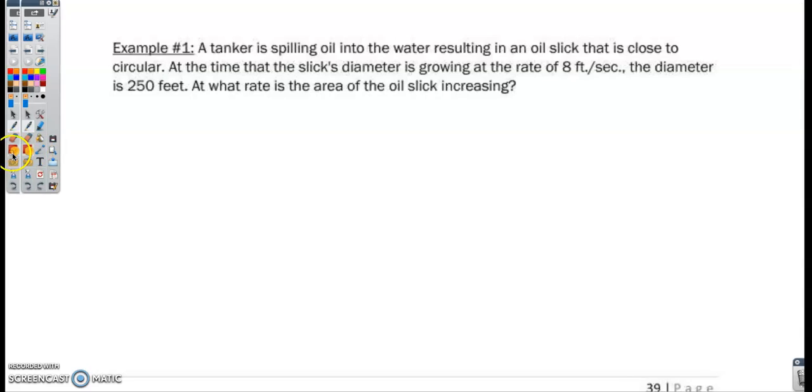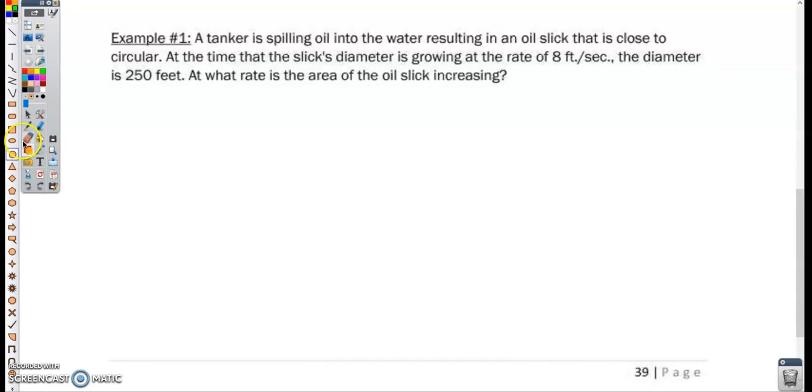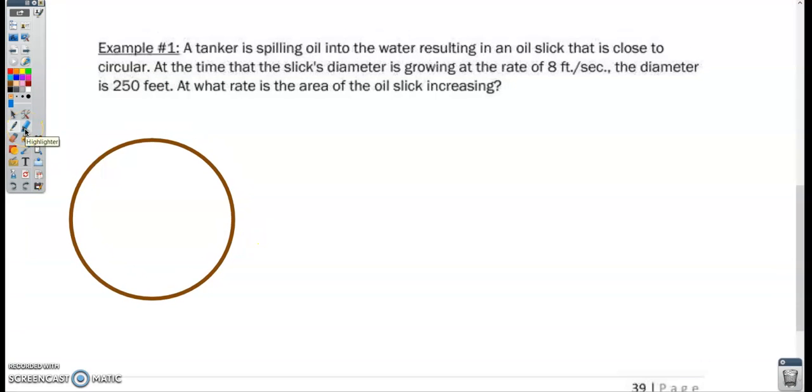So from a picture standpoint here, we've got a circular-shaped oil slick. So I'm just going to draw a circular-shaped region here. And it talks about the diameter a couple of times in the problem.